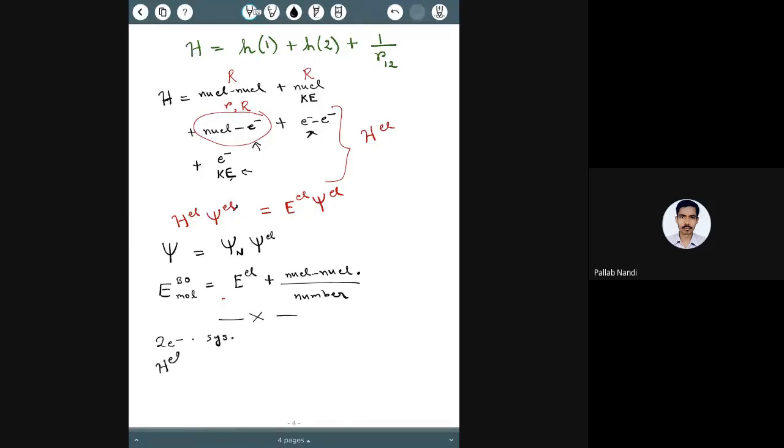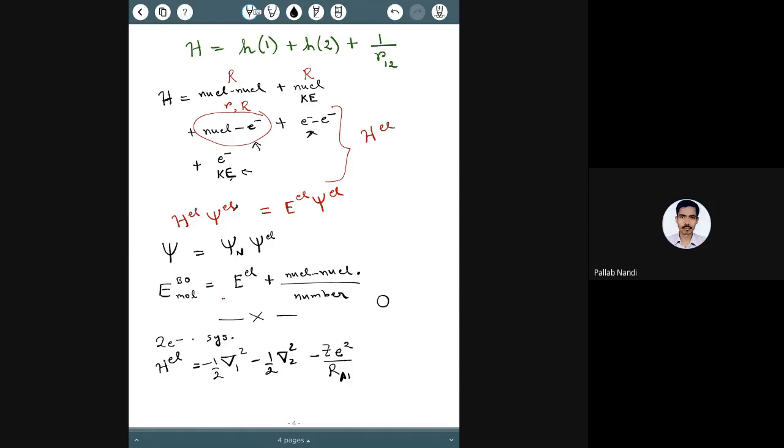Then my H electronic is simply the kinetic energy of the electrons, then you have the nucleus-electron attraction of the two electrons.